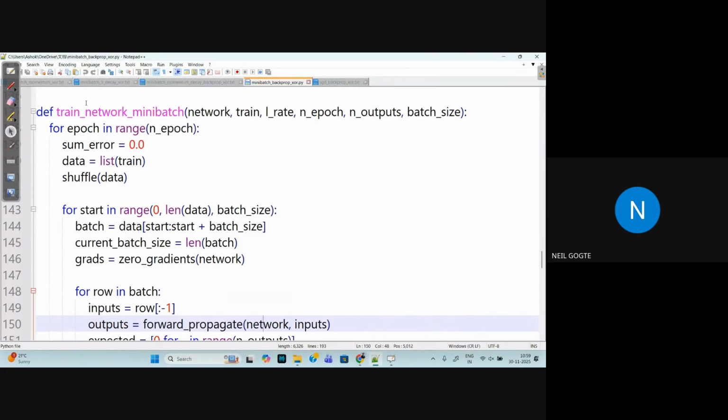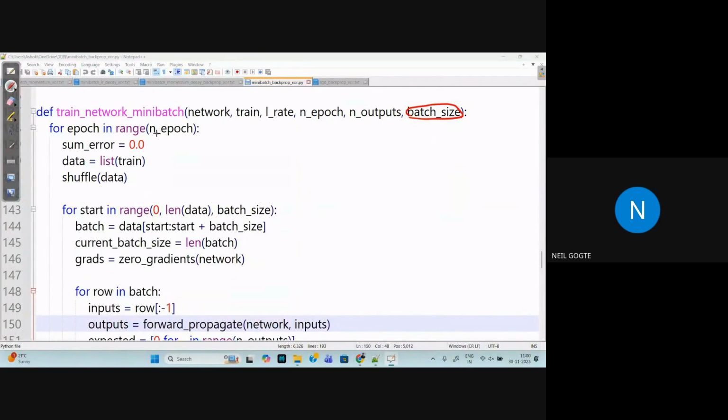There are some new things which are not necessarily needed, but since they are there, I might as well explain them. This is the training network using mini batch. One parameter which got added here is the batch size, a new parameter to the function.